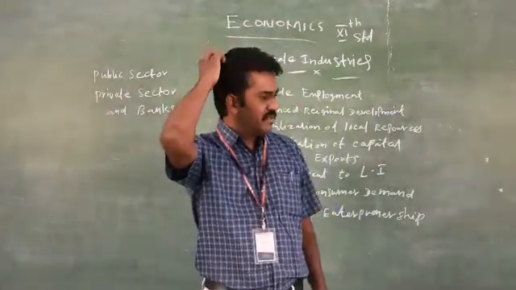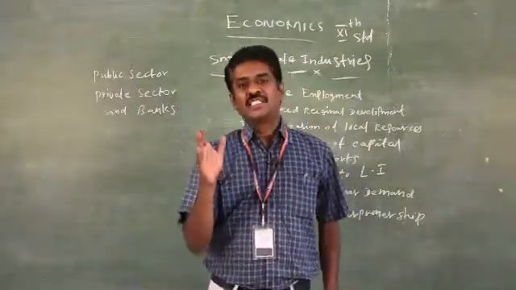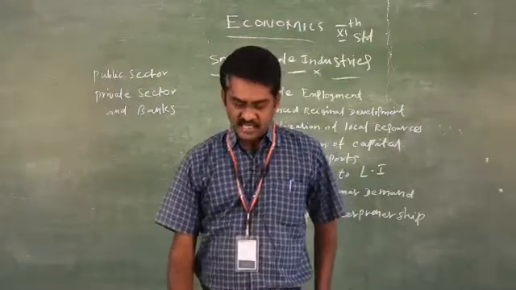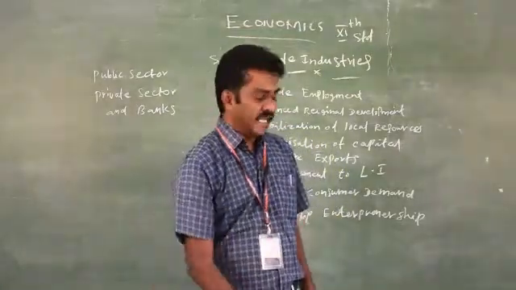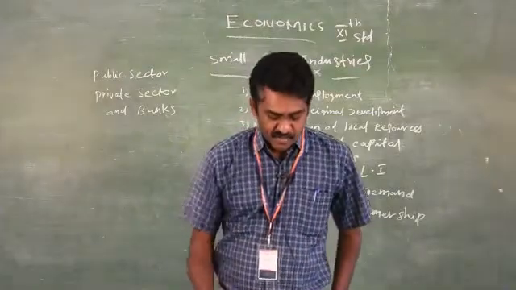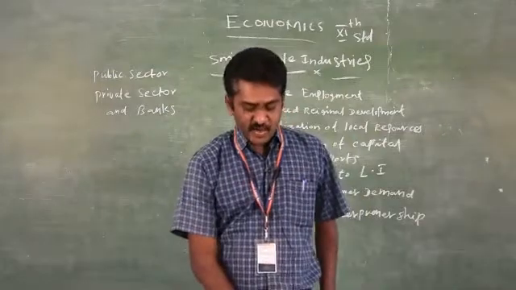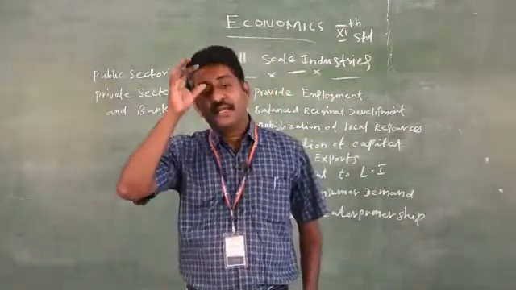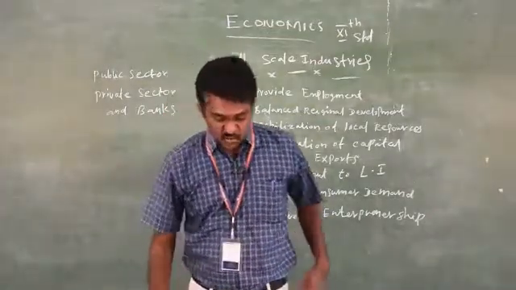In this class we studied small scale industries, their role, manufacturing and service enterprises in India for the development of the people, and the green revolution and the land systems: Zamindari system, Mahalwari system and Ryotwari system.